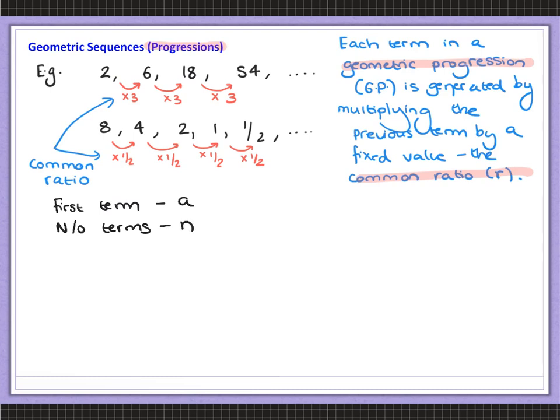And again, you might have an infinite geometric sequence or a finite geometric sequence. Now, the common ratio is defined by the letter R. And again, we might refer to a general term as AK. So we're talking in this example about the kth term.